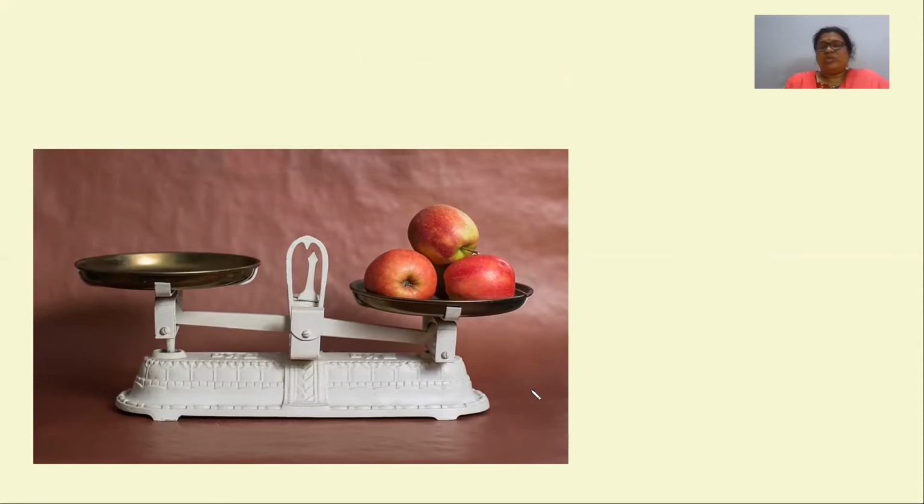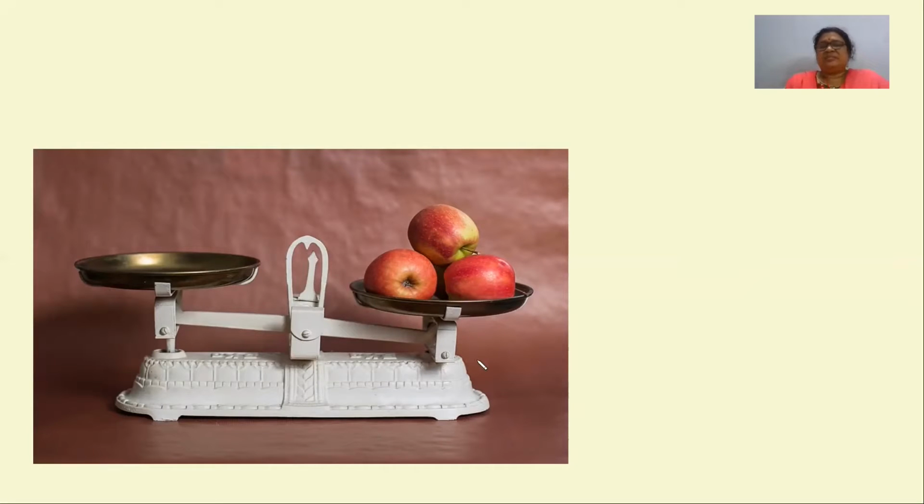So when you purchase anything like vegetables or provisions in the market, what they'll do, they'll weigh the product. So here the apples were weighed. So you're observing 3 apples. When you look at this pan, the right side pan is down and the left side pan is up. When the quantities on both sides are equal, then only the needle will come at the center.